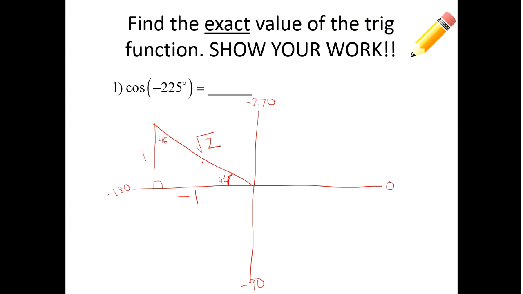It's always going to be a positive hypotenuse. So my cosine is adjacent over hypotenuse, so -1 over the square root of 2, which is basically, because I got to multiply the square root of 2 on top and bottom, so I rationalize the denominator. So I'm going to get negative square root of 2 all over 2 for my final answer.